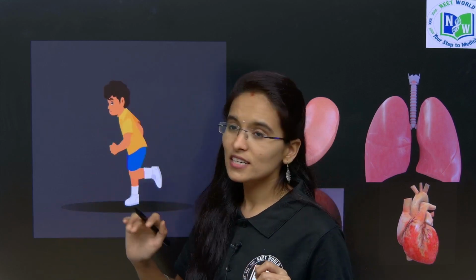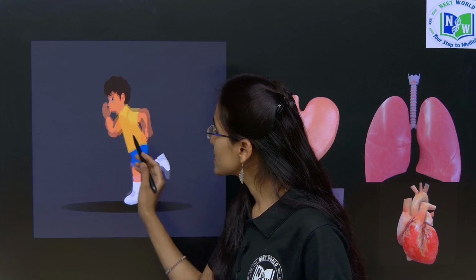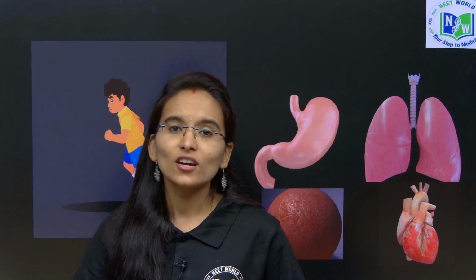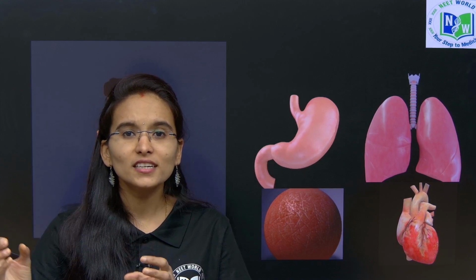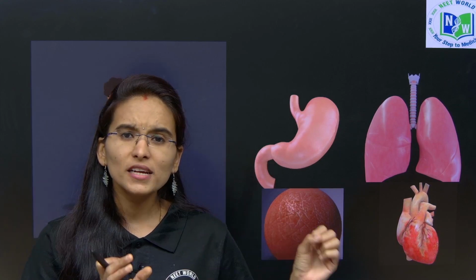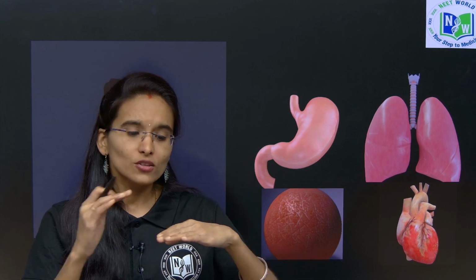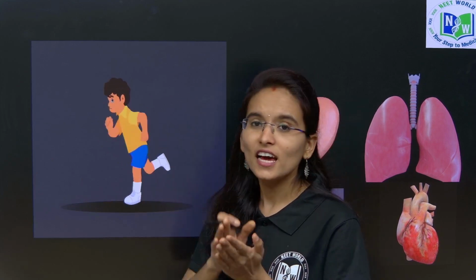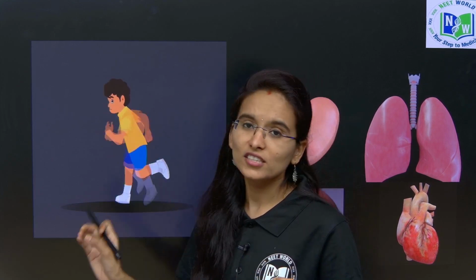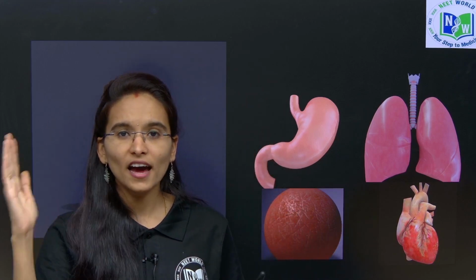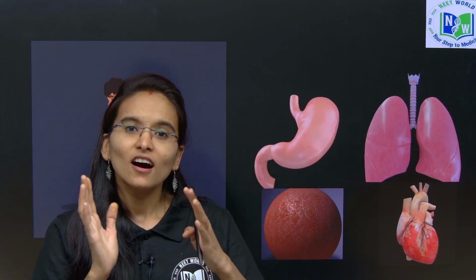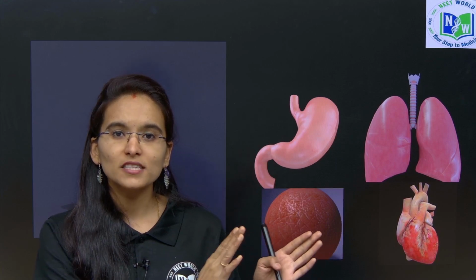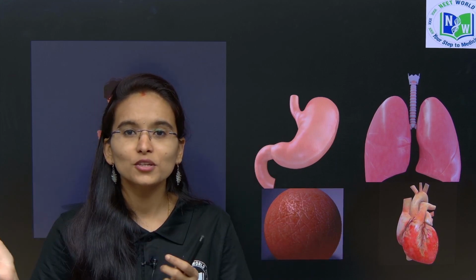So when this person runs by moving his hands and legs, we cannot say that the skin is going to be separated and the muscles are not going to be separated. The muscles along with the skin are attached together and they all function together. If I move my hand like this, it doesn't mean that all the muscle tissue is going to be separated and all the skin part is going to be separated.